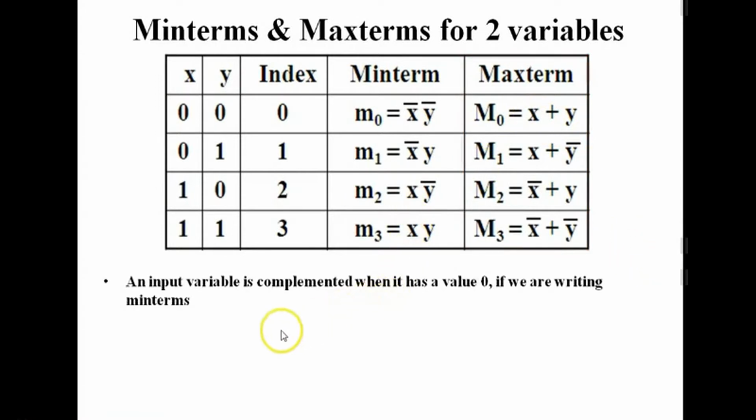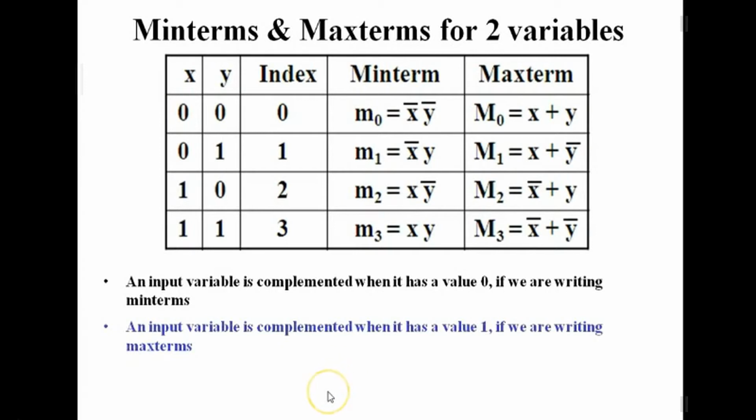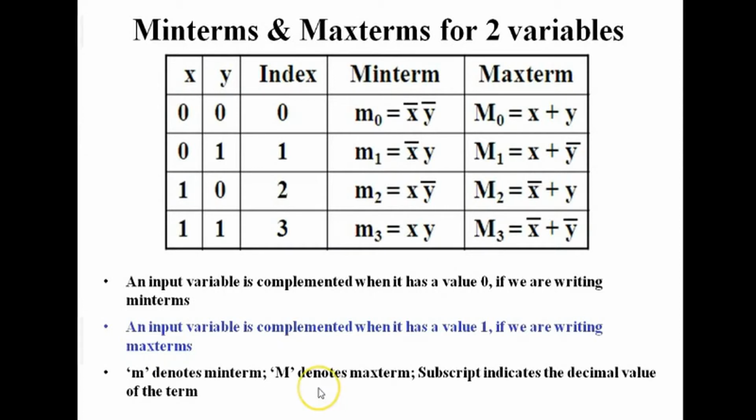Some of the important points are: an input variable is complemented when it has a value of 0 if you are writing min terms. An input variable is complemented when it has a value of 1 if you are writing max terms. Small m denotes min term and capital M denotes max term.